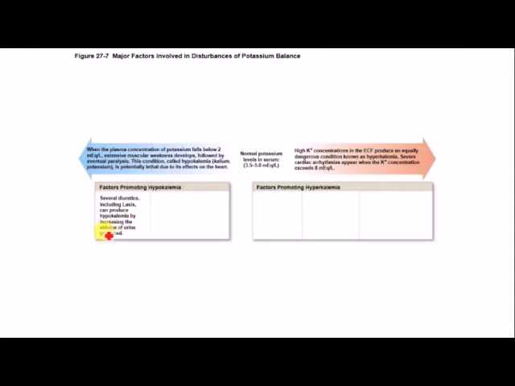They increase the volume of urine produced, so you lose a lot of potassium with those diuretics. And then aldosteronism, which is excessive aldosterone secretion, resulting in hypokalemia, so overstimulating sodium retention and potassium losses. So with the sodium-potassium exchange, you will retain the sodium and get rid of the potassium.